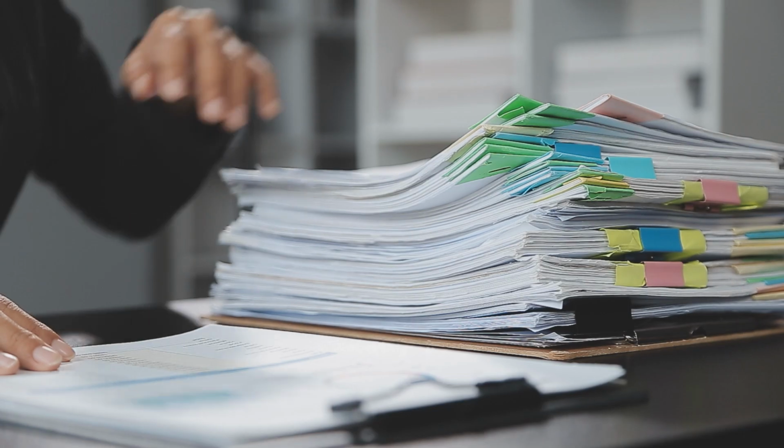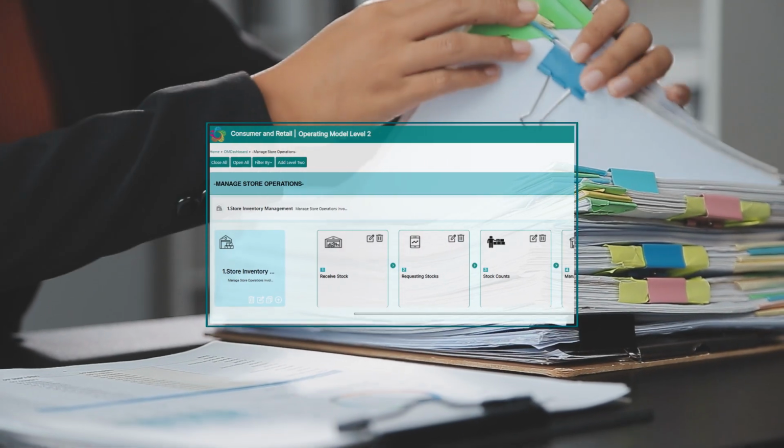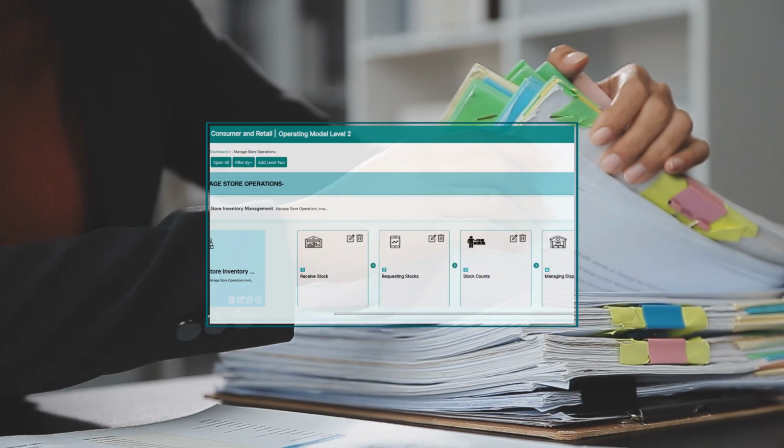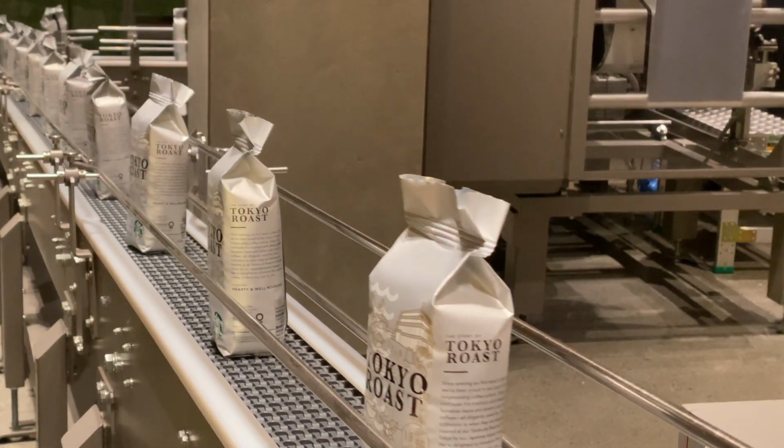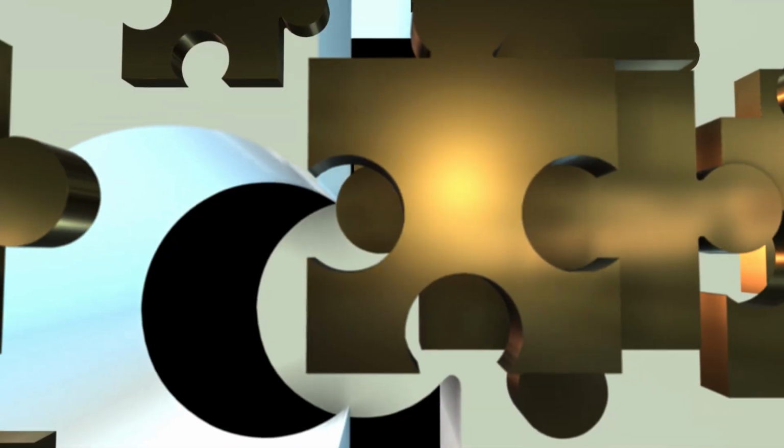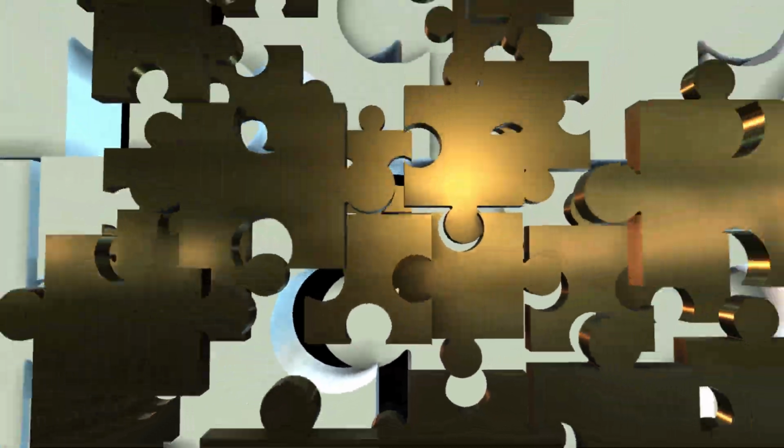On top of it, you can also have a number of operating models, right? You can have an operating model at a group level, at a department level, or a category level, or even a function like supply chain or warehouse, etc. So when you bring all of this together, you get a gist of the complexity that comes into play.